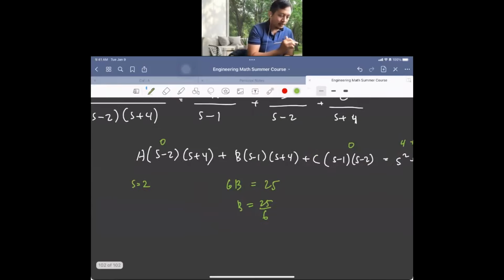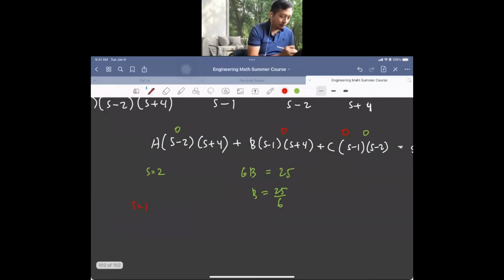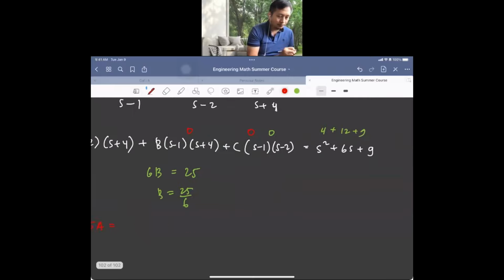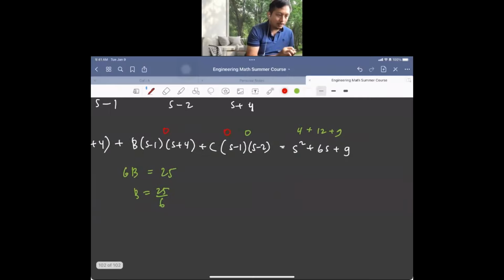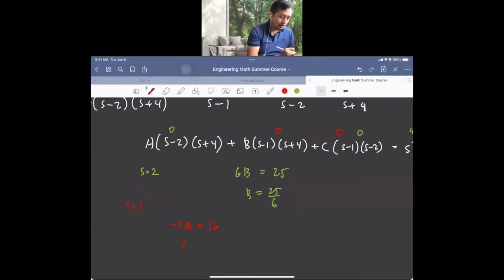So B is 25 over 6. And we can also set s equal to 1. Let me write with red color. This one is 0, this one is 0. So we are going to evaluate this, and we are going to have negative 5A equal to 1 plus 6, 7 plus 9 is 16. So A is negative 16 over 5.